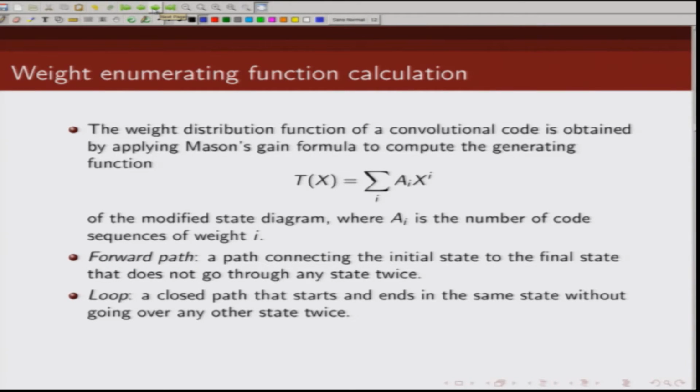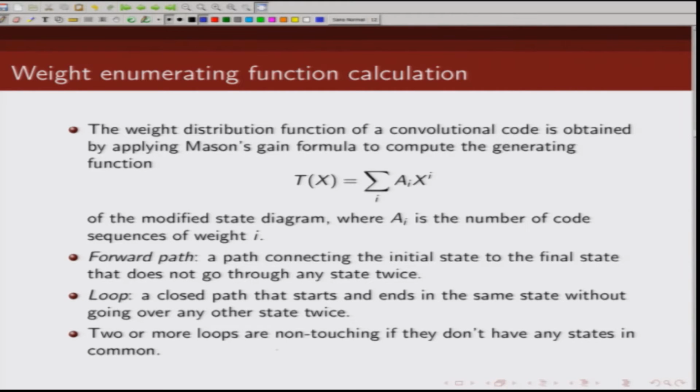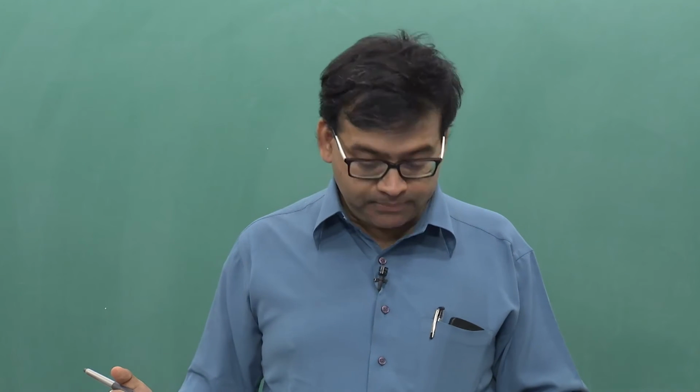Next term that we define is a loop. What is a loop? A loop is a closed path that starts and ends in the same state without going over any state twice. When do we say two loops are non-touching? We say two loops are non-touching if they do not have any state in common.